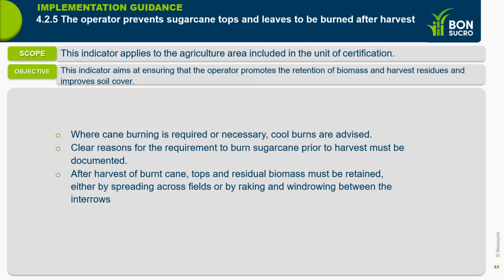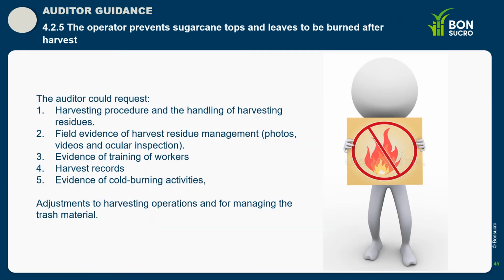From the auditing point of view, we need to have, of course, the harvesting procedure, to be sure that burning of tops and leaves after the harvest is not included.